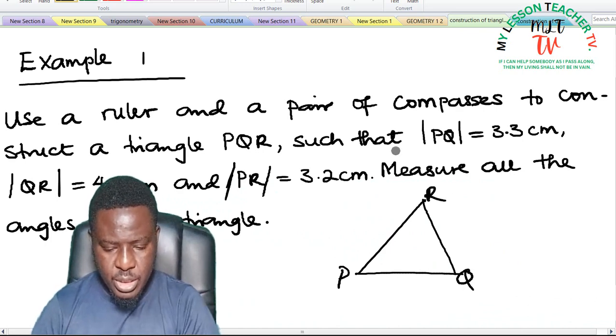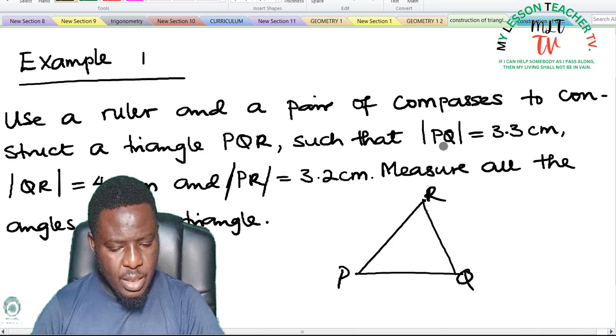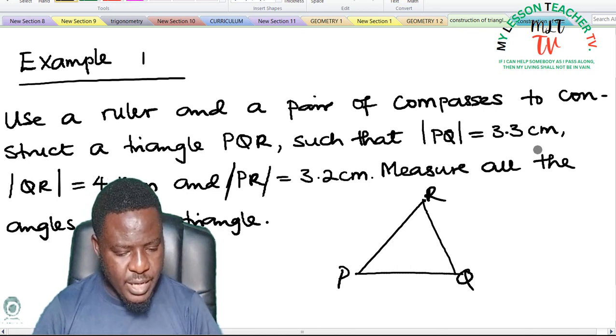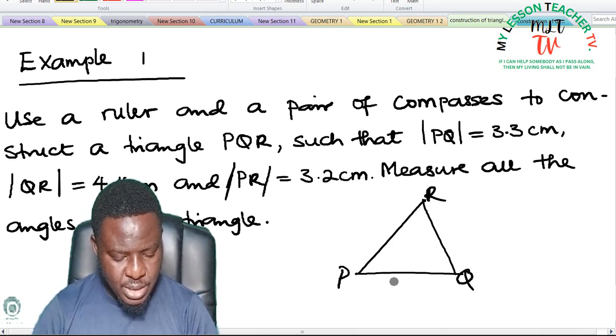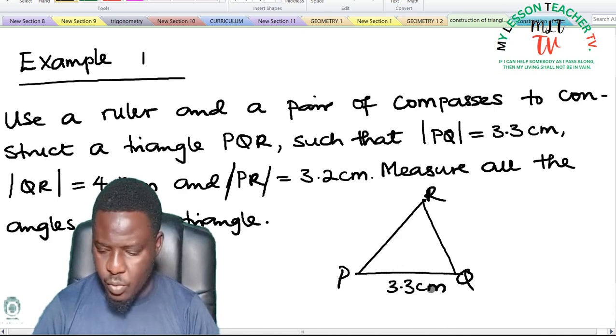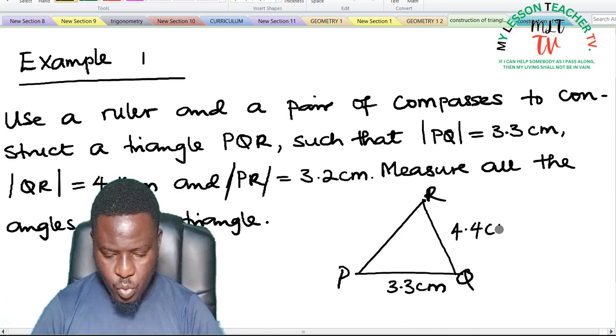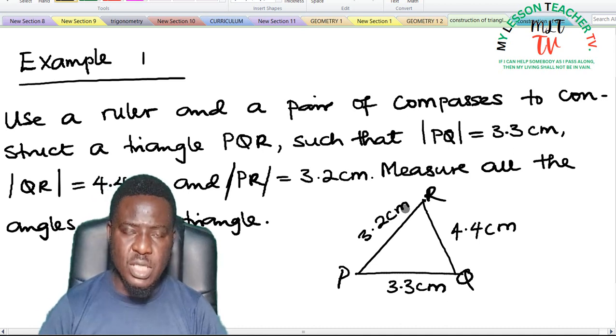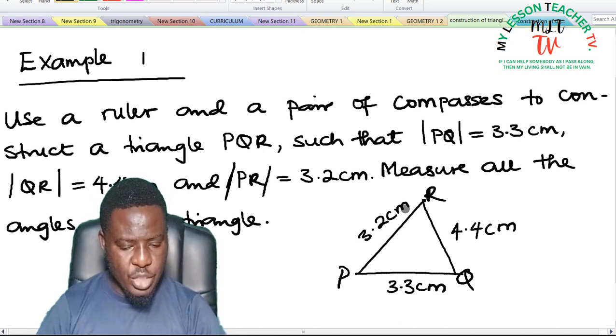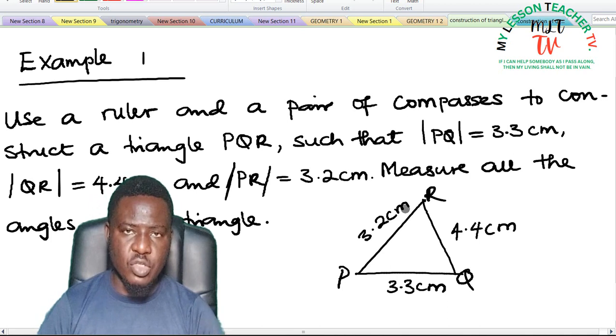From the question, it is stated that line PQ is given to be 3.3 centimeters. That means this is 3.3 centimeters. We have line QR, which is given to be 4.4 centimeters, and line PR is said to be 3.2 centimeters. Now, none of the angles are given, but we are asked to measure all the angles of the triangle.